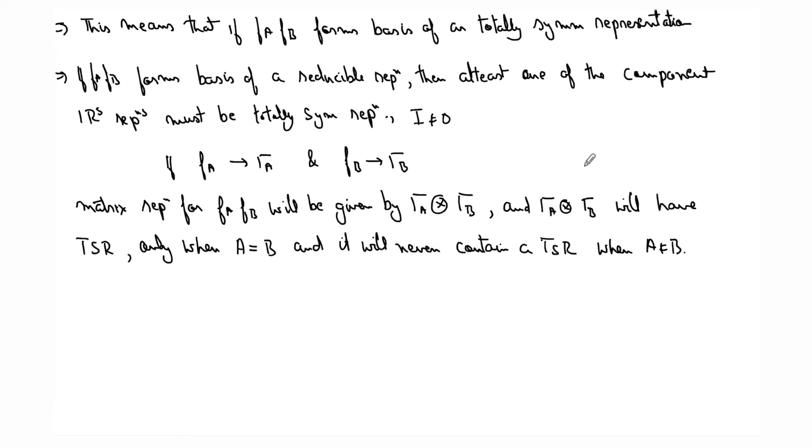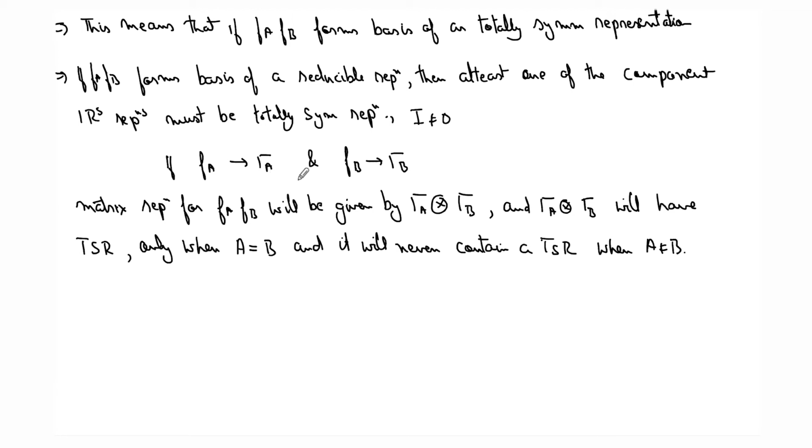So that means the direct product of an IR representation with itself will contain the totally symmetric representation. So that means FA and FB must form the basis for the same IR representation.